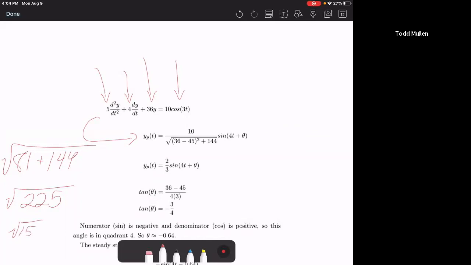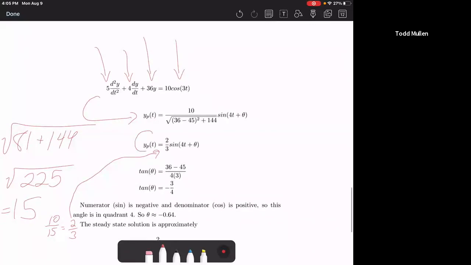Of course, the square root of 225 is 15. So we get 10 over 15, which is equal to 2 over 3. Perfect. And that's how we got 2 over 3.